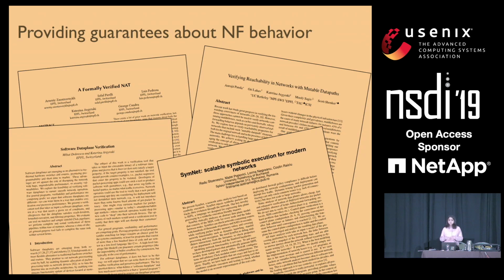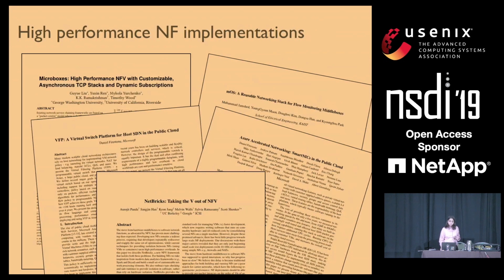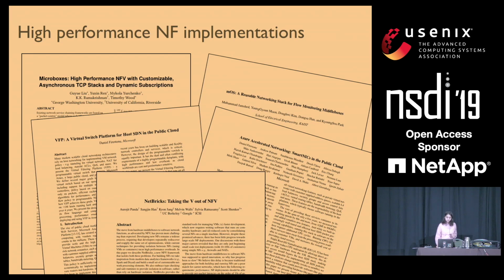We also had papers that try to provide formal guarantees about the correctness of NF implementation or configuration. And we've had papers that propose new ways of implementing NFs for getting high performance. This list of papers and categories is certainly not exhaustive.